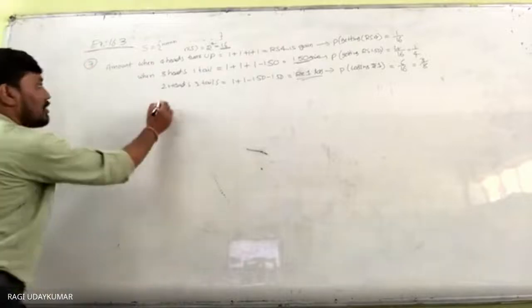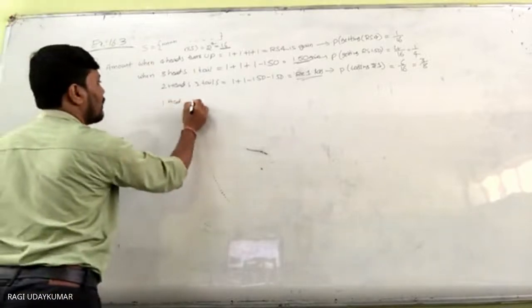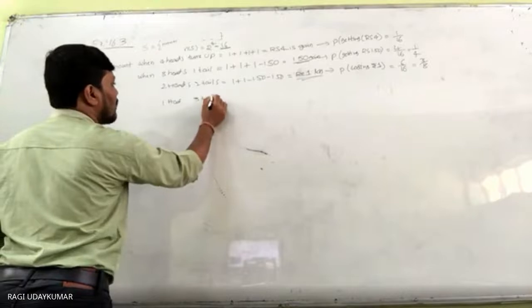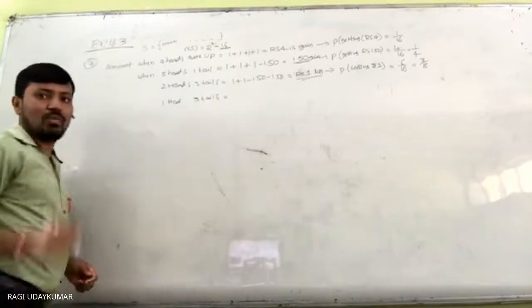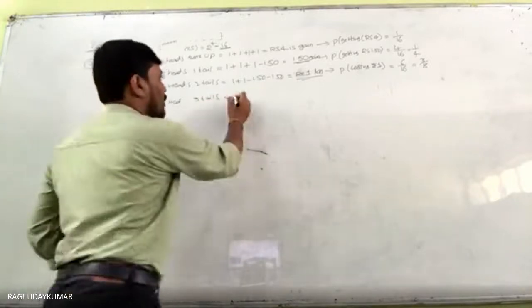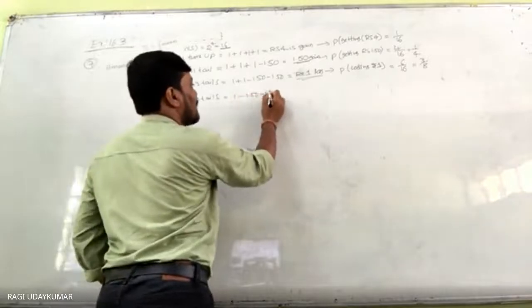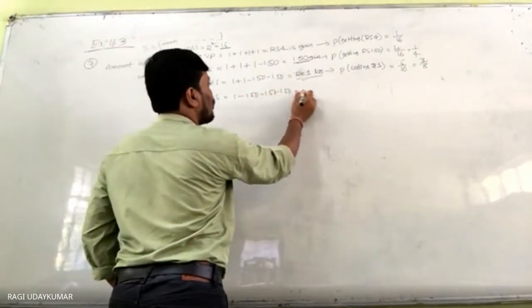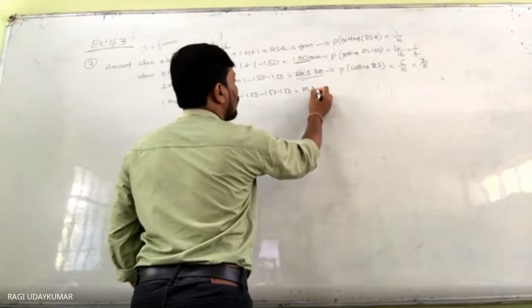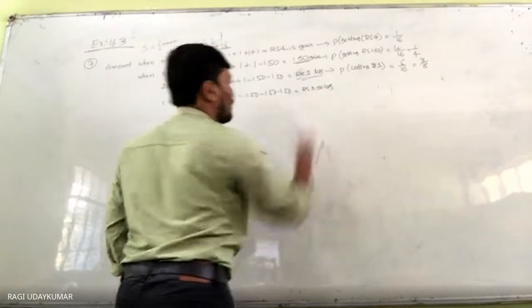And the next chance is what? 1 head, 3 tails. 1 head के लिए 1 rupee and 3 tails के लिए 1.5, 1.5, 1.5. So rupees 3 rupees 50 paise loss.